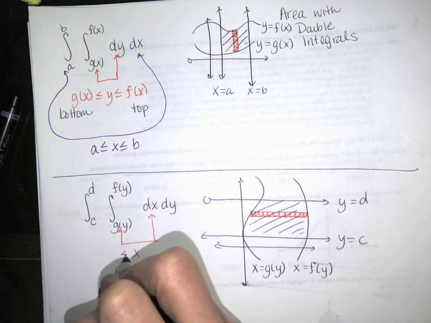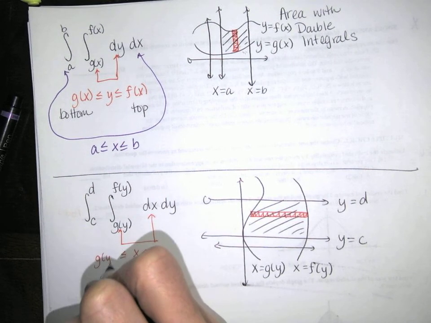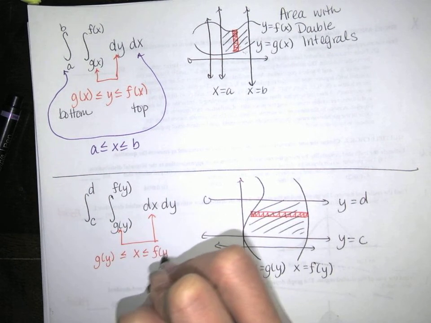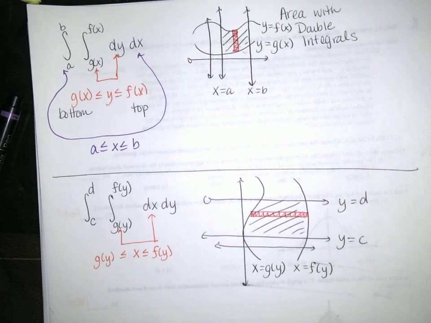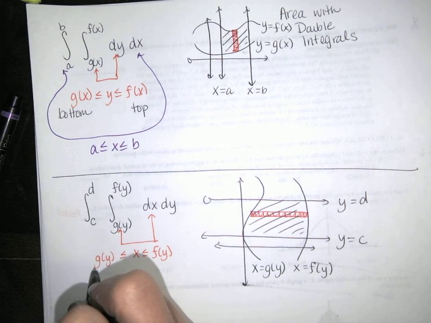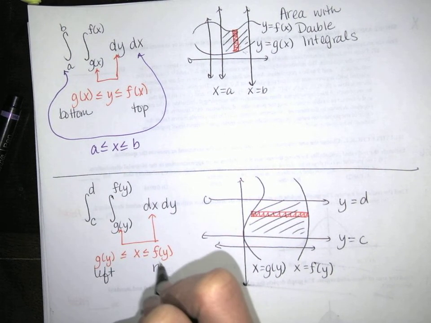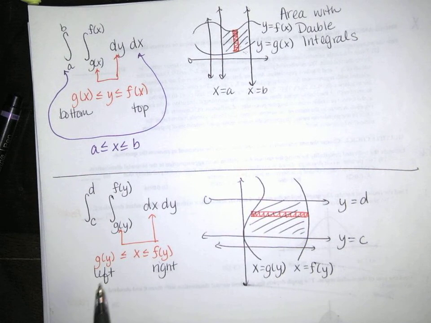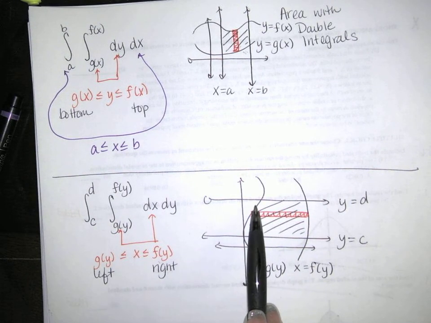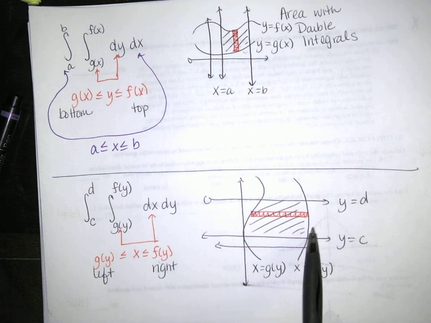So I've got x is between g of y and f of y, and this is our left function, and this is our right function. It's just smaller to larger, generally. But remember, smaller x values are to the left, larger x values are to the right.